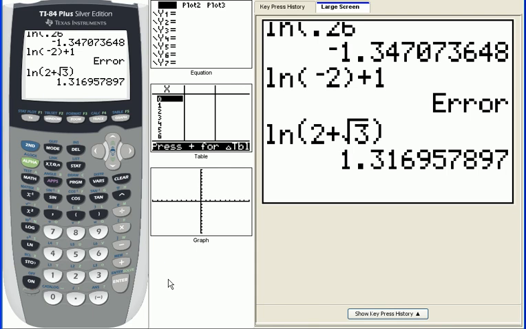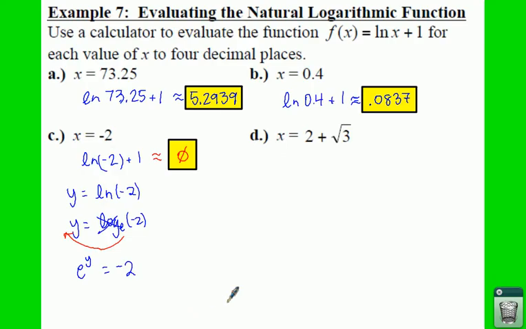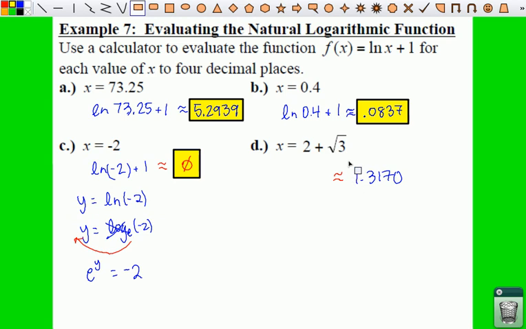And you get 1.3170. So that is how you evaluate a natural log function. Just remember, anything after the natural log cannot be negative.